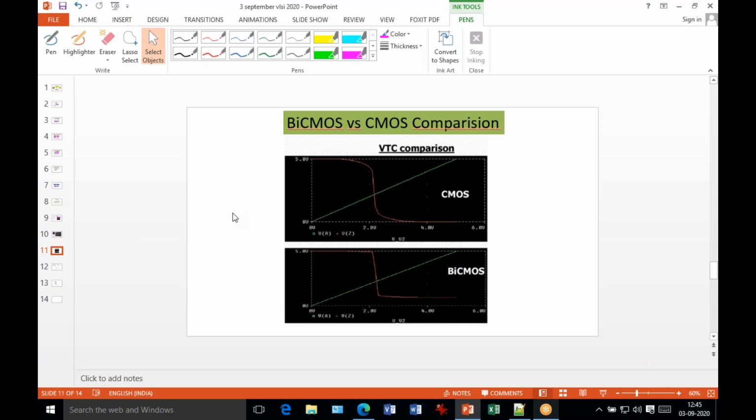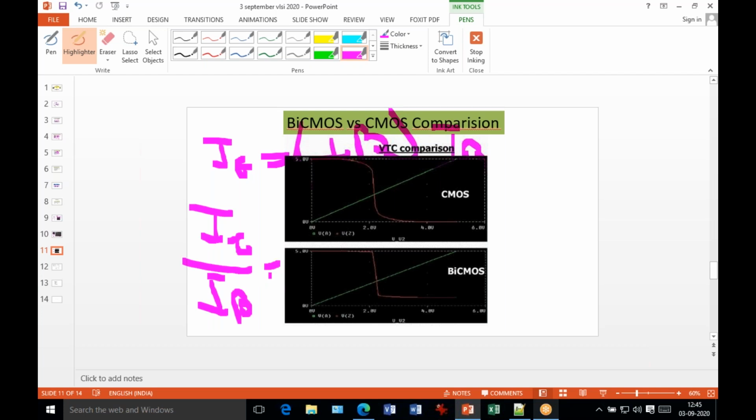The emitter current is also high because the emitter current is directly proportional to 1 plus beta. So if the base current is less, your IE current is very good. That means the circuit gain is very good. We are talking about the gain of all the circuits. What is my gain? You know this equation: IE is equal to 1 plus beta times IB, that is IB plus beta IB.